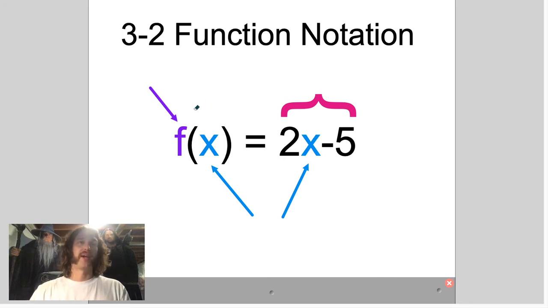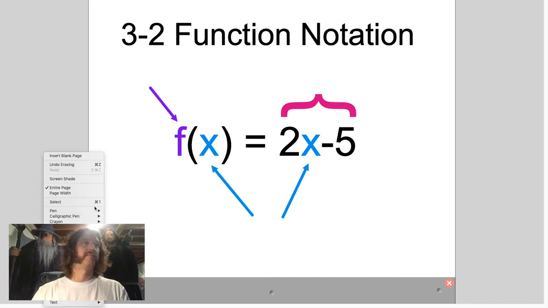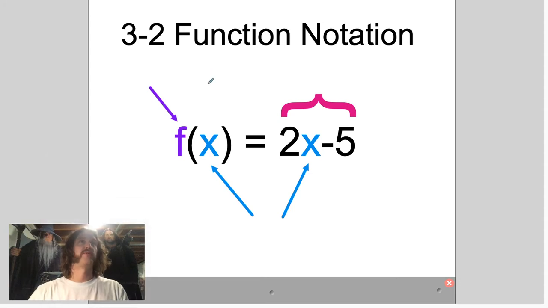Okay, so anyways, enough tiptoeing around what I'm supposed to be doing here. This does not mean multiplication in context. Since it says f of x equals, we know this is function notation. We have a function, and this is the function's name, the thing in purple. The function's name is f.